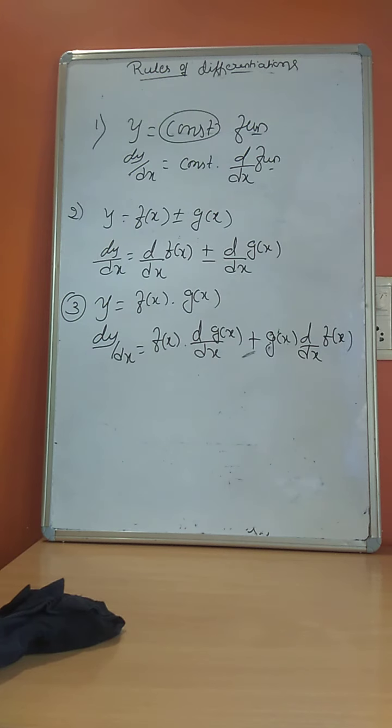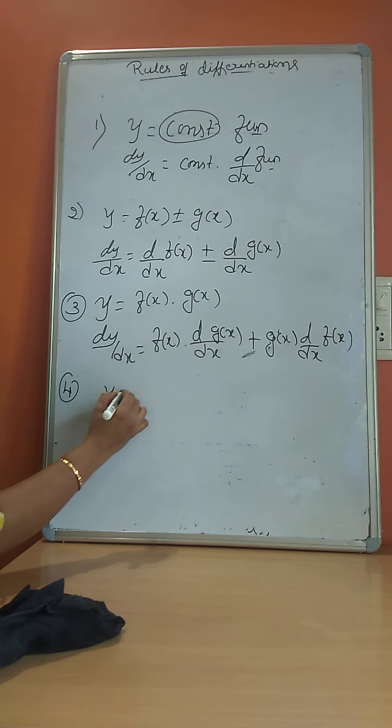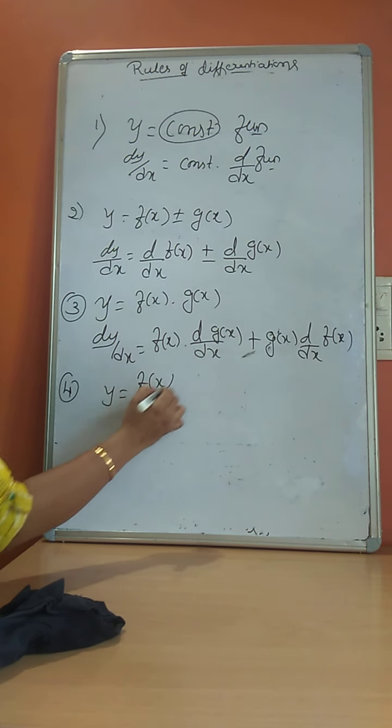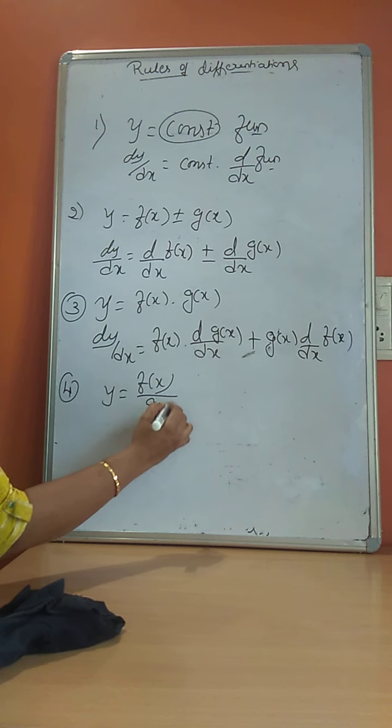This is the third rule. What is the fourth rule? That is y is equal to f of x divided by g of x.